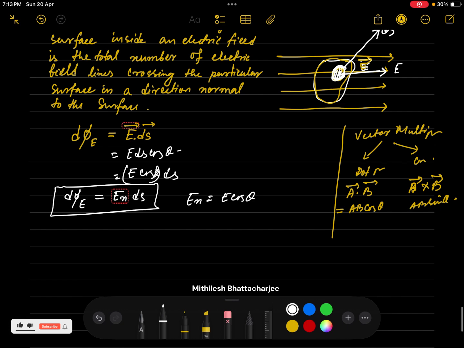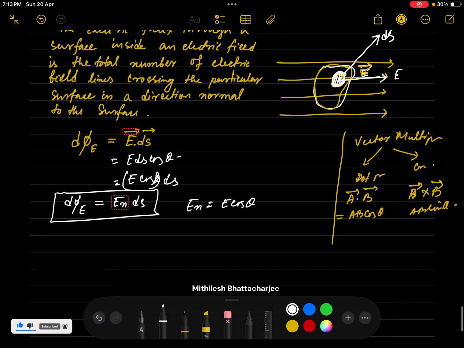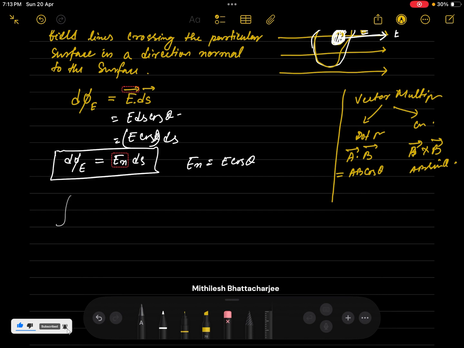Fine. If we try to find the electric flux of that whole surface, then we just integrate it.